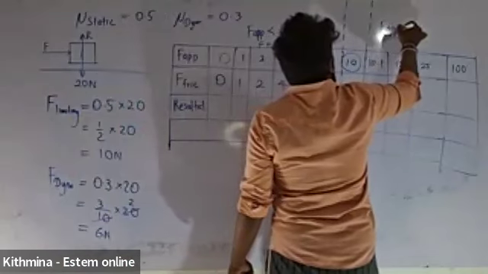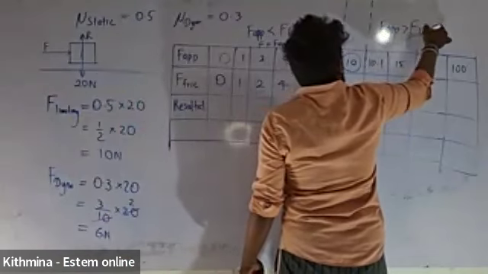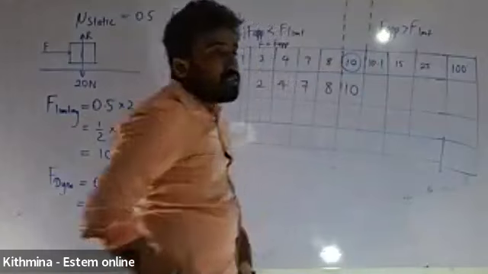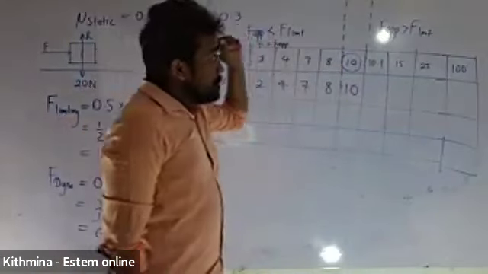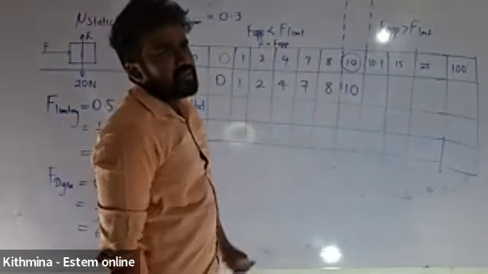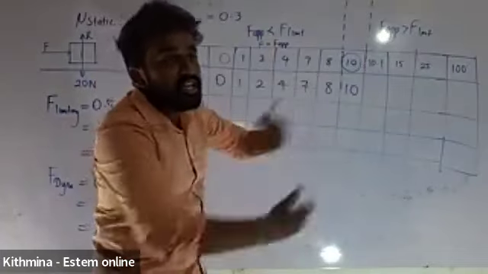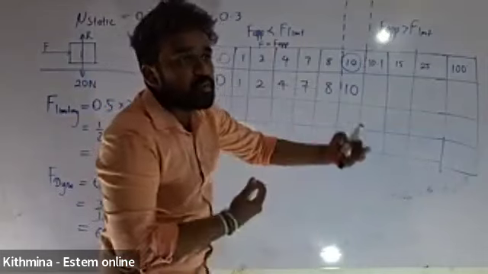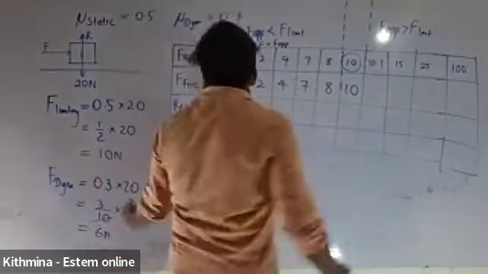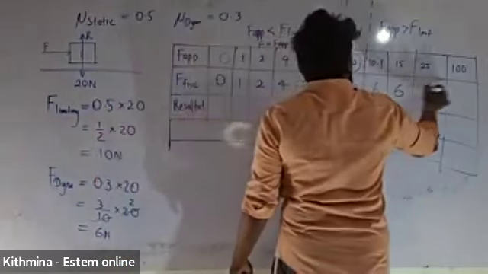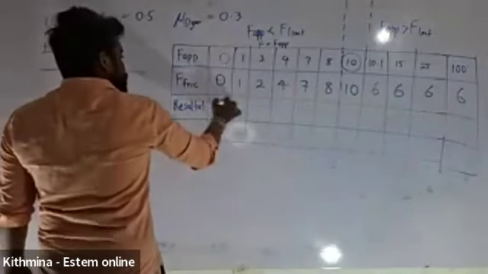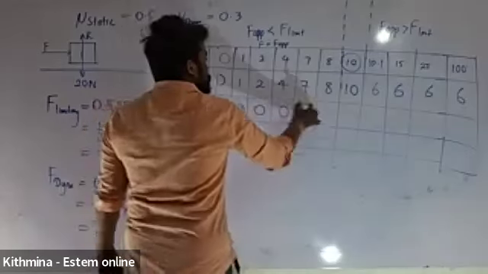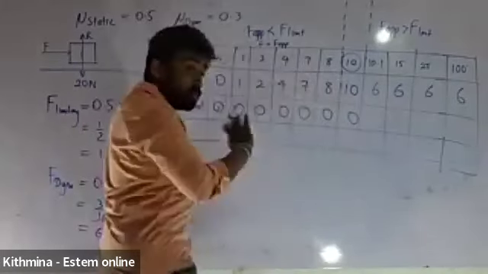Applied force is now greater than the F limiting. Then what happens? The frictional force changes its mode to dynamic. Dynamic is 6. It does not change. Now what is the resultant here? The resultant for the earlier ones is 0, not moving.